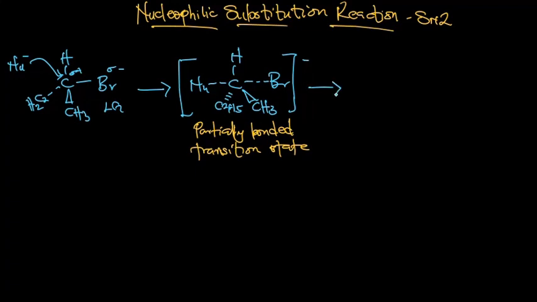Now, what is going to happen at the end of the reaction? Once we have the leaving group going off, we are going to have the nucleophile getting attached to the carbon. By this time, something interesting is going to happen. We are going to have the hydrogen here, and then the C2H5, the ethyl group, and the CH3 over here. And remember, we are going to have the Br minus.